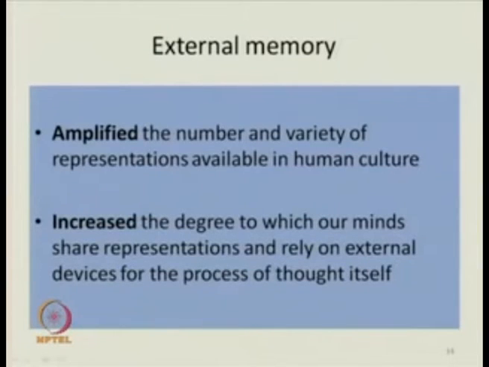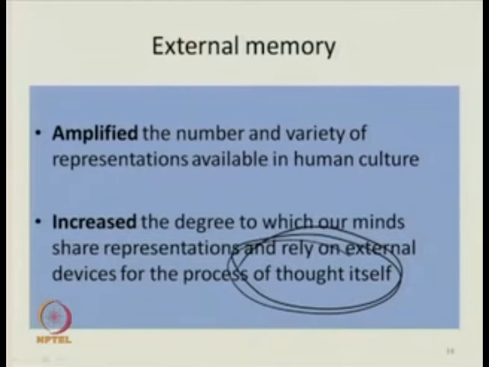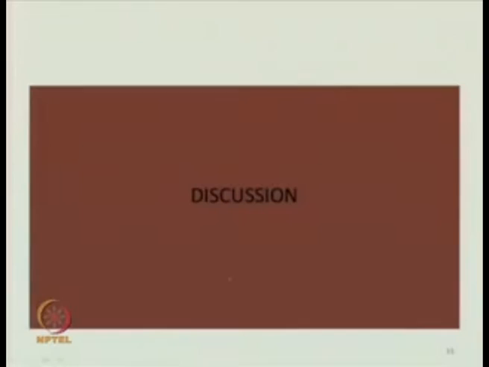Therefore, an external memory system amplified the number and variety of representations available to us and increased the degree to which our minds share representations and rely on external devices for the process of thought itself. It is so important for us to understand that even the processing of thought has changed because of the availability of these external storage devices.